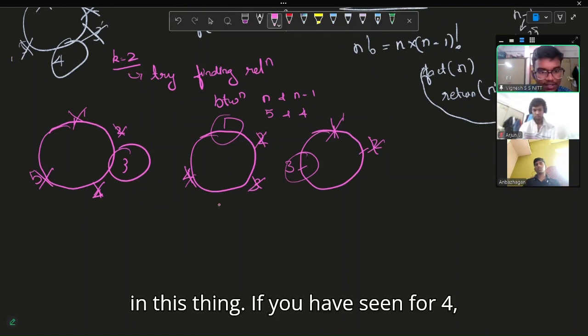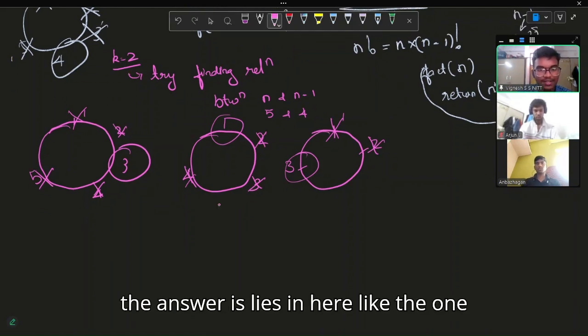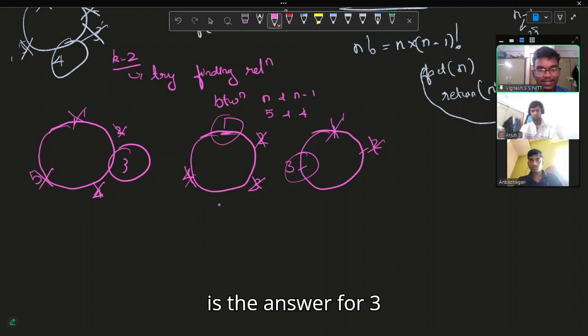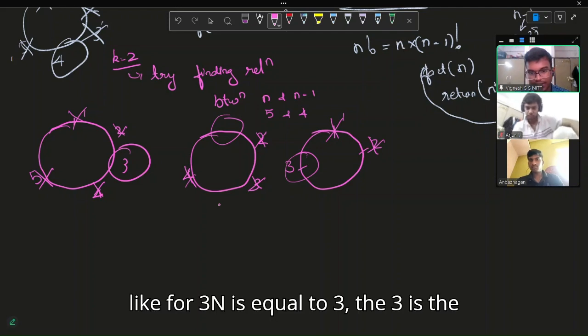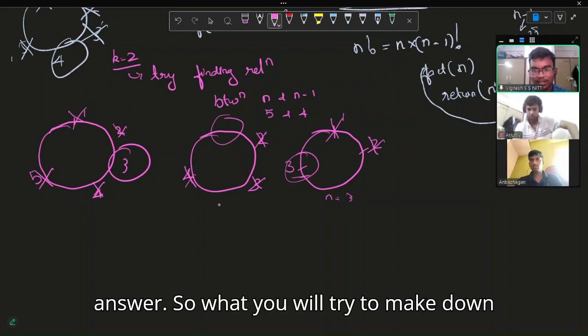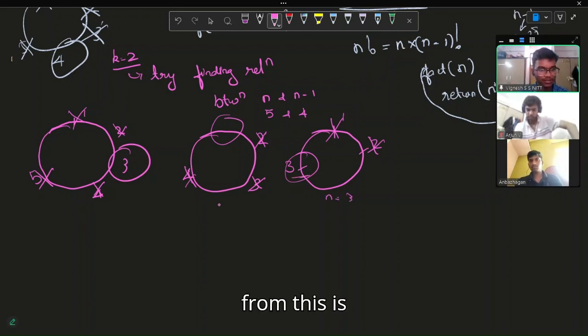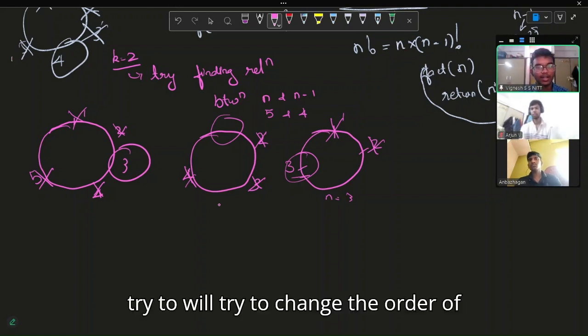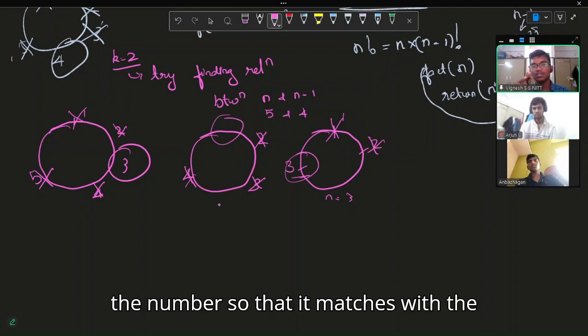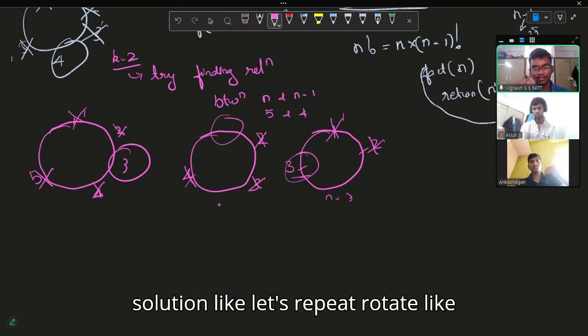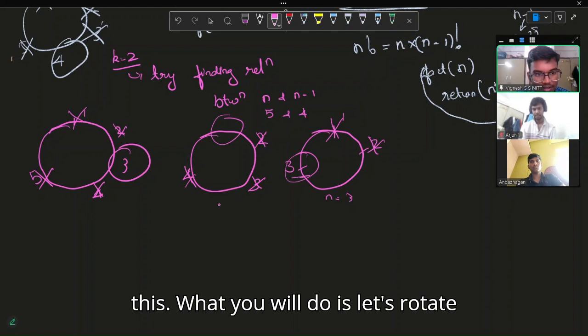For 4 the answer is 1. For n equal to 3, 3 is the answer. So we'll try to change the order of the numbers so that it matches the solution. Let's rotate like this.